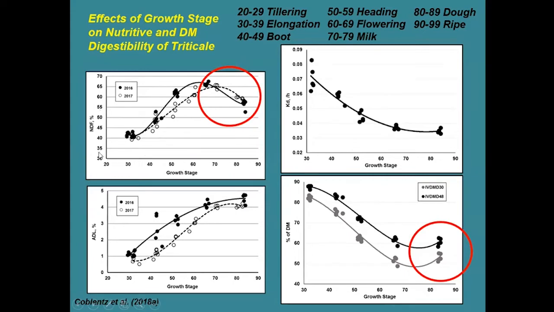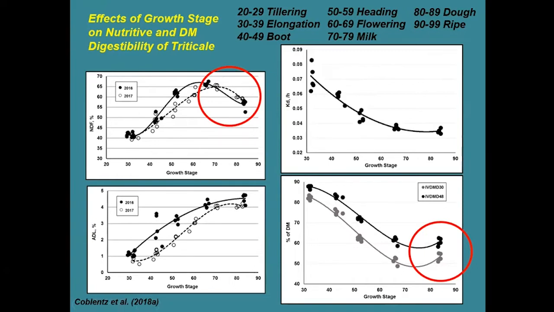If you look at the concentration of NDF as a function of growth stage, you'll notice as these plants mature, like most plants, the structural fiber concentration in those plants is going to increase. But when you get out here to these later stages of development in which you're partitioning carbohydrate into the filling grain head, you'll notice that the concentration of NDF decreases.